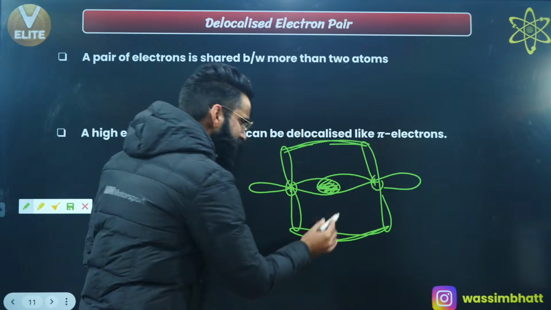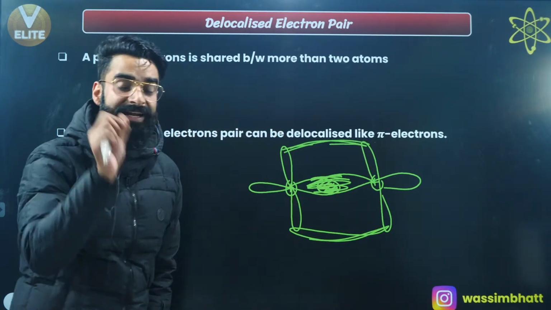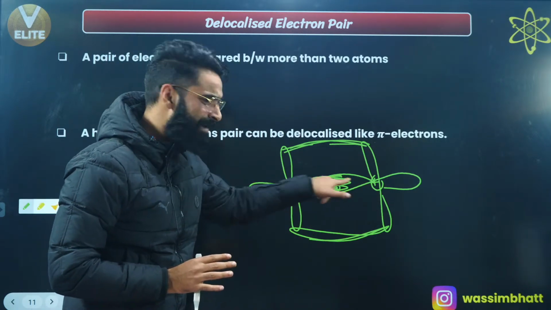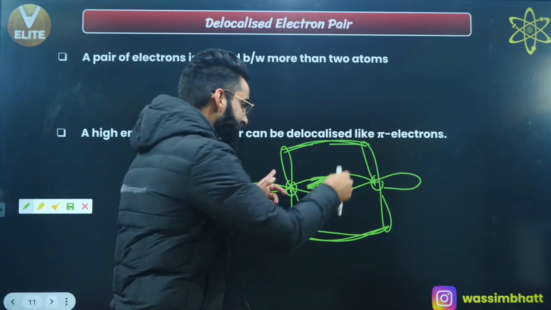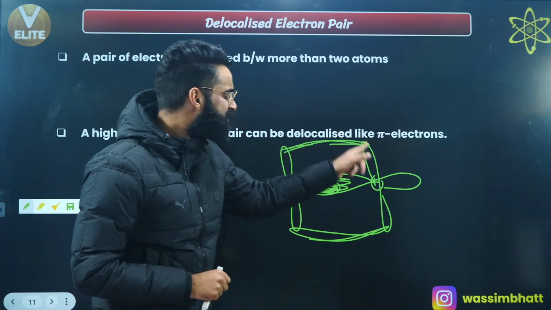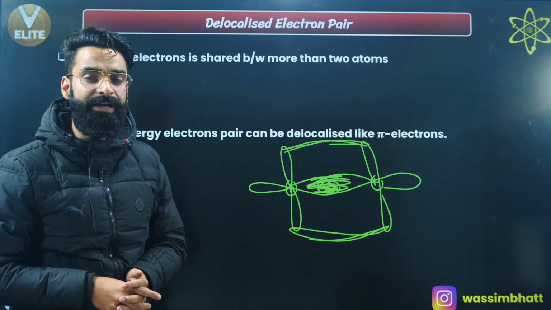Can I say this sigma electron density is under the direct influence of these two nuclei? But is the pi electron density under the direct influence of the nuclei? No, right?